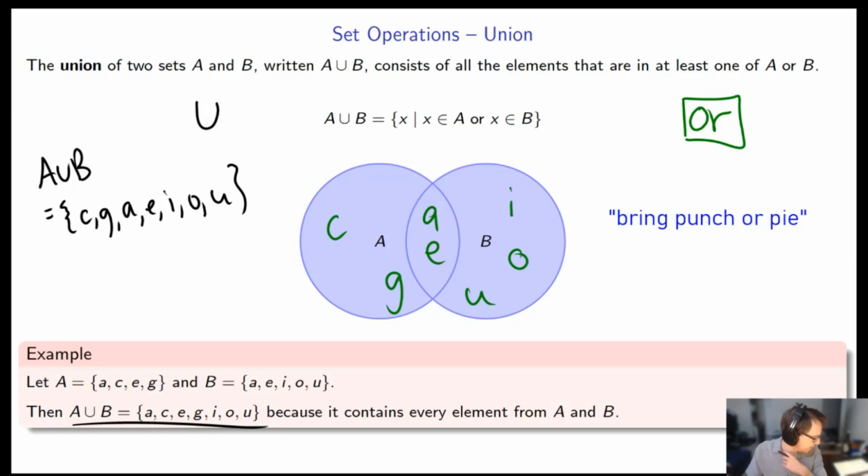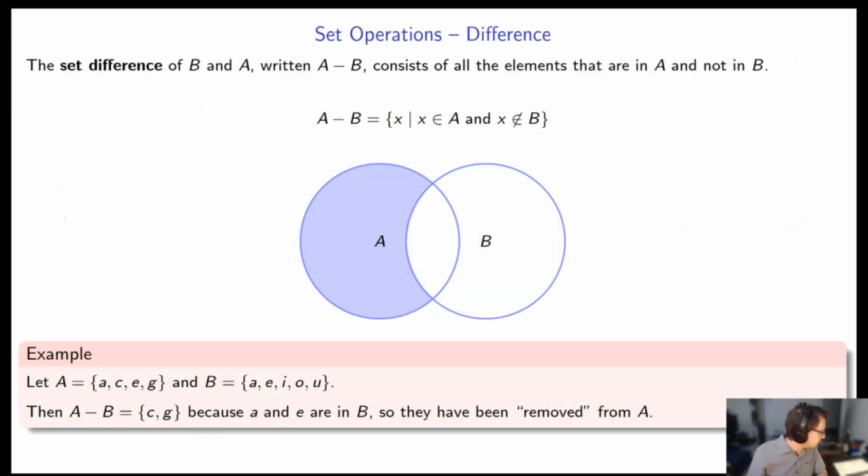I don't know if I have anything more to say about this operator, but we do have one more here, and this last one isn't used that often in linguistics, but it is worth mentioning, which is the difference.